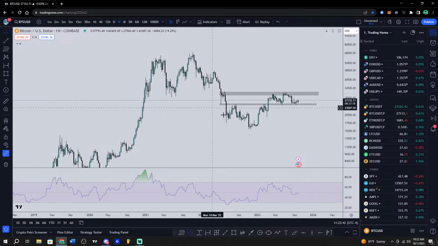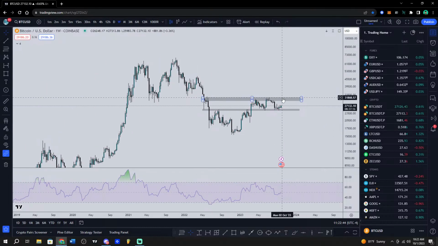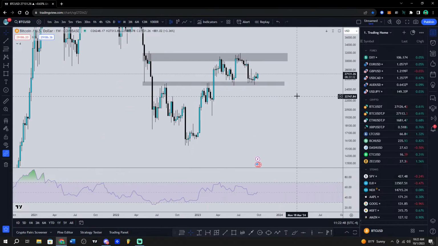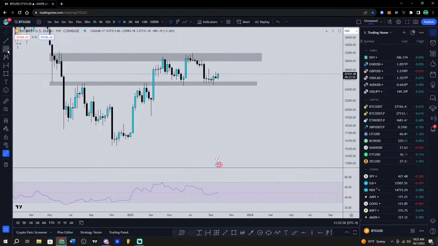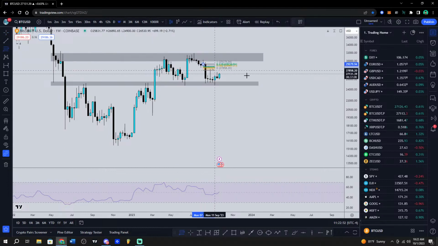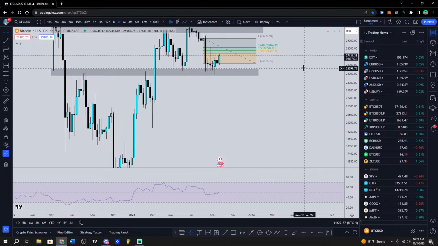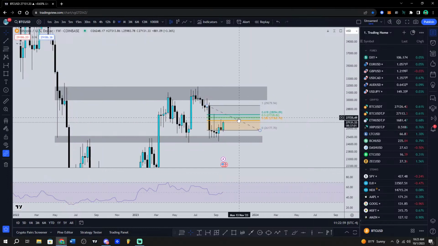Yeah, I'm fairly bullish, at least to the top of the range here. Unless I take the body of this candle here, I gotta change that back. 50%, 27,725.50.